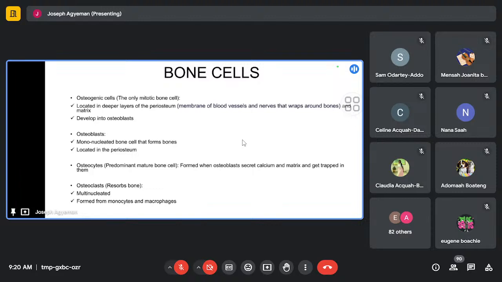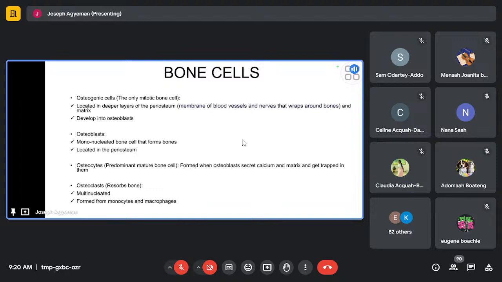For example, osteoclasts that normally degrade the bone versus osteoblasts that help in bone formation. And therefore, let's look at these basic cells that are found. They are called bone cells, basically four main types of bone cells. So the first one are the osteogenic cells, osteogenic bone cells.